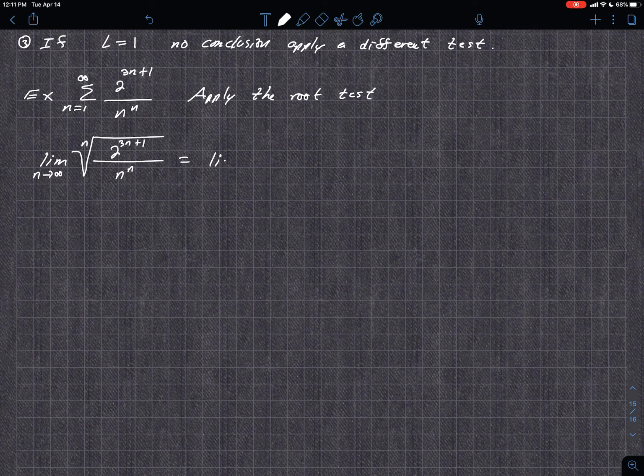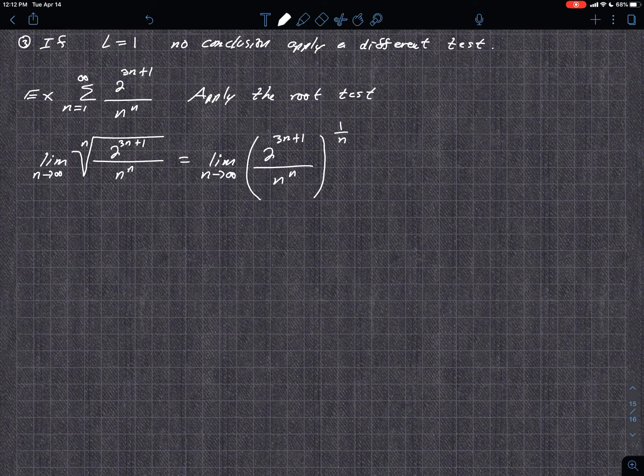Okay, so then you have to go through and simplify all that. That's kind of the power behind it, is it simplifies those powers of n. So that's 2, all raised to the 1 over n.